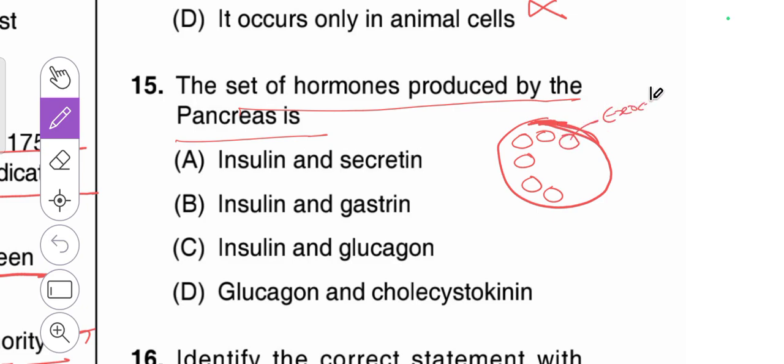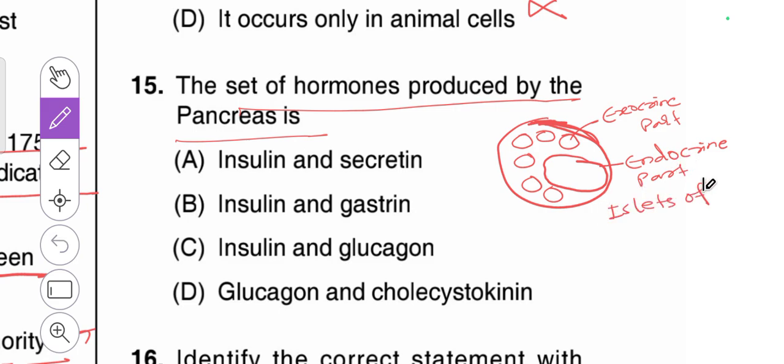This is the exocrine part of the pancreas, whereas this one is called the endocrine part. It is also called the islets of Langerhans, named after the scientist.